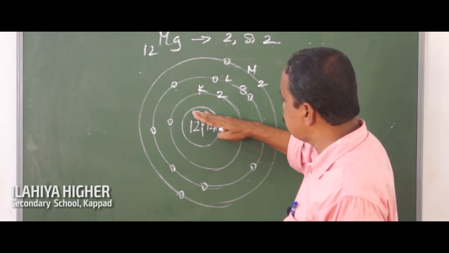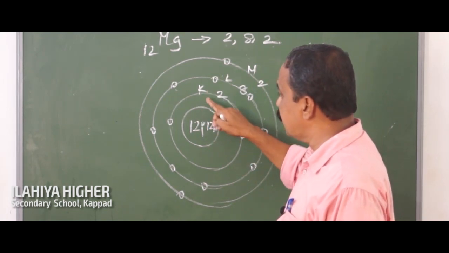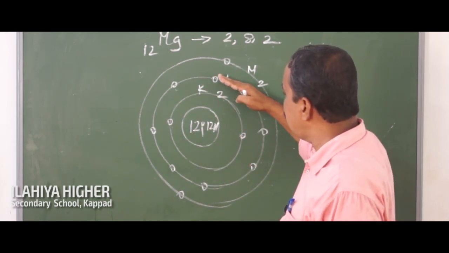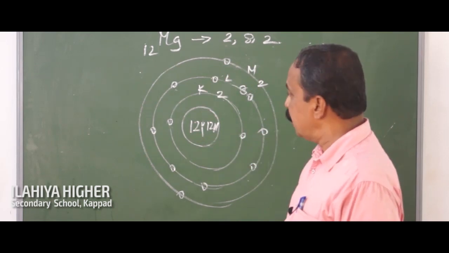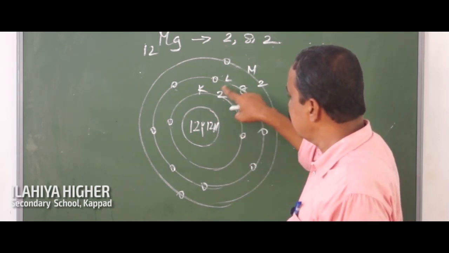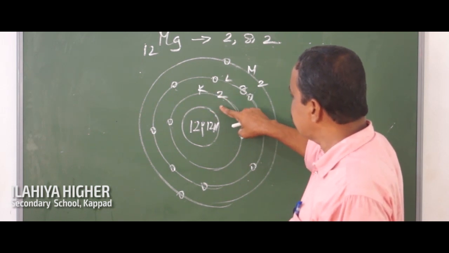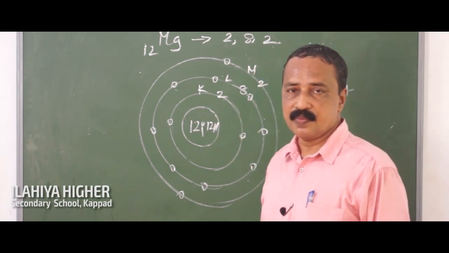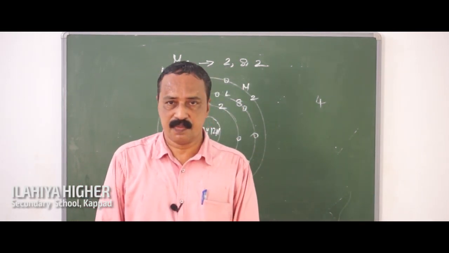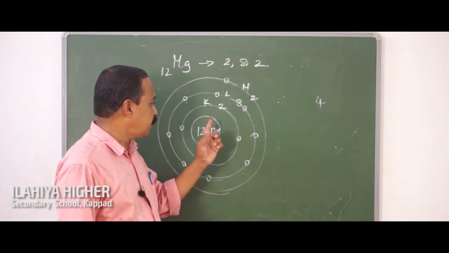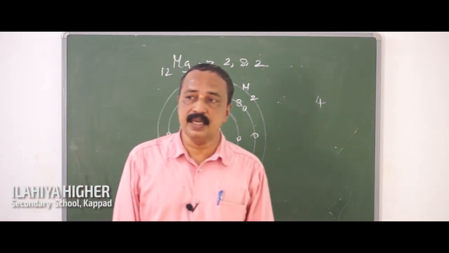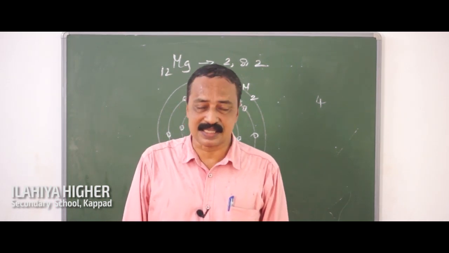From the nucleus, the K shell is nearest, then the L shell, then the M shell, and so on. The distance from the nucleus is increasing. What happens to the energy of the electrons? When the distance from the nucleus increases, the energy of the electron increases.